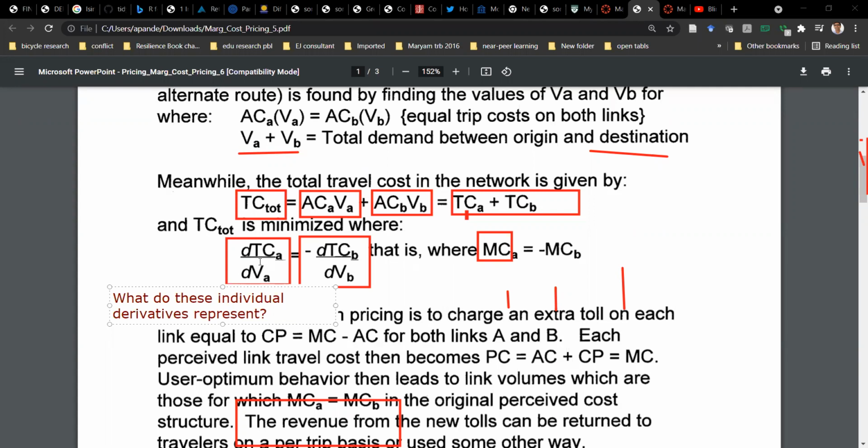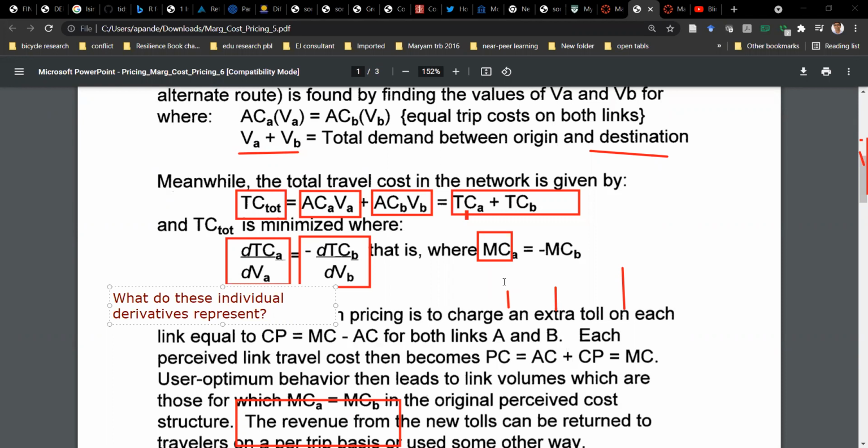So this is the marginal cost on route A. The left-hand side of this equation is marginal cost on route A. The right-hand side is the marginal cost on route B. So that means the magnitude of marginal cost, because remember the total volume is fixed, marginal cost on route A has to be negative of the marginal cost of route B. Means like if I add one more vehicle on route A, I'll be subtracting it from route B. So that's why the negative sign. But the idea is that if the marginal cost magnitude on route A is equal to the marginal cost magnitude on route B, that's when I'm able to minimize my total system cost.